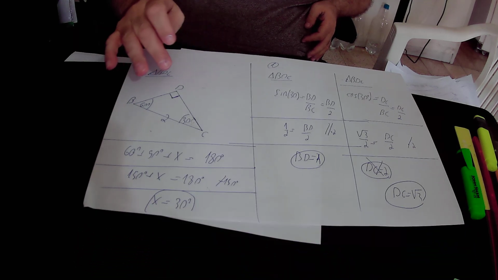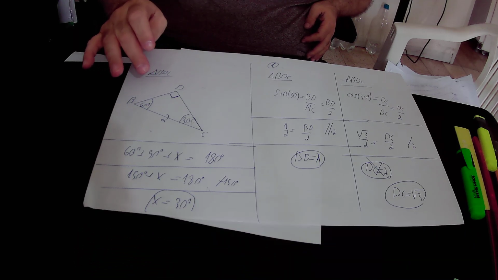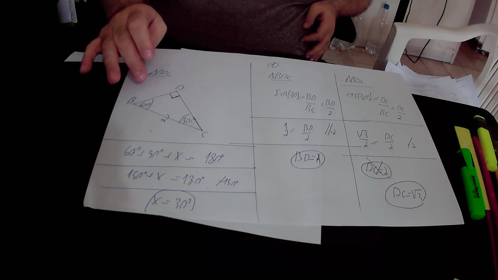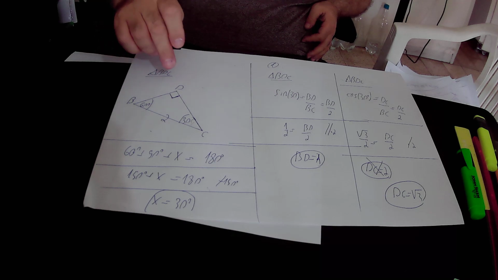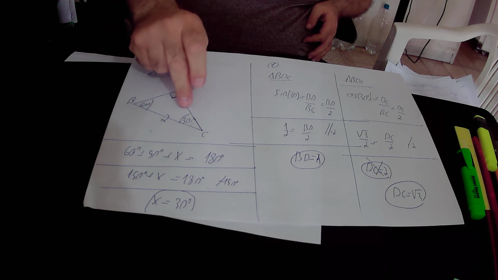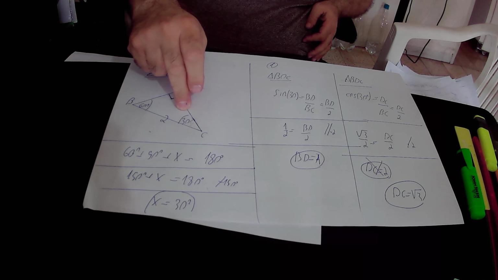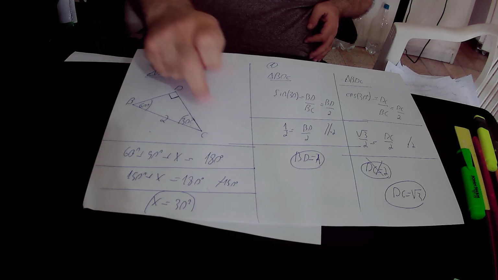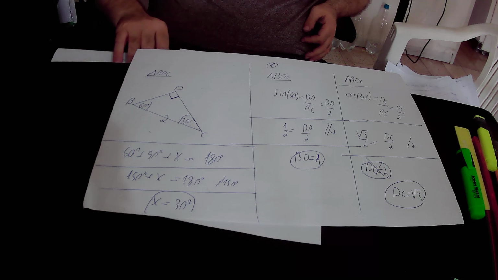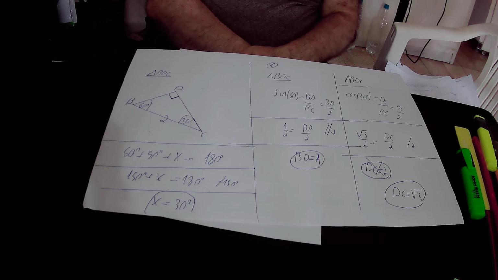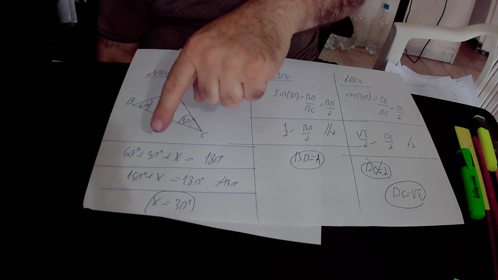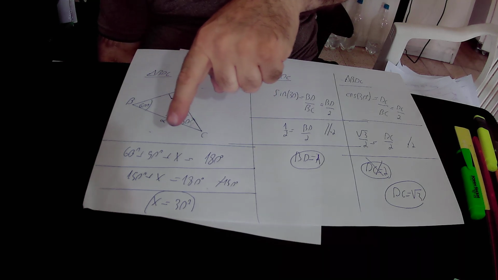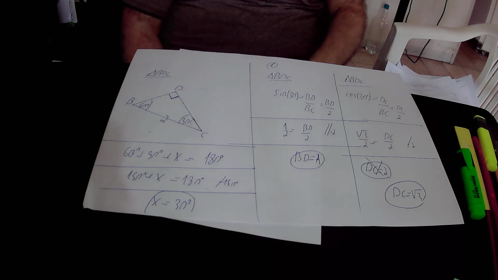We know that the sum of the angles in any triangle is 180 degrees, therefore the sum of the angles in triangle CBD is 180 degrees. So which angles do we have here? This angle equals 60 degrees, plus this angle equal to 90 degrees, plus the missing angle X. In total they must equal 180 degrees. 60 degrees plus 90 degrees is 150 degrees, so 150 degrees plus X equals 180 degrees.